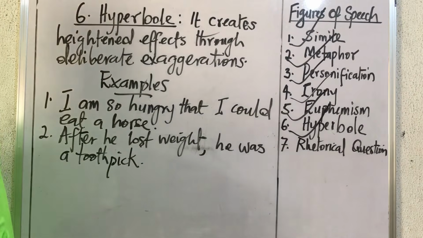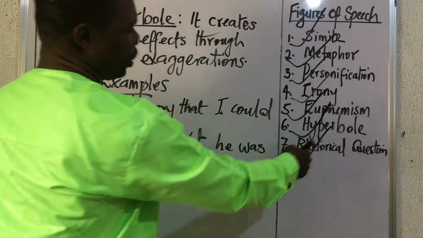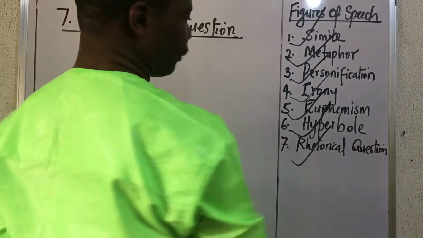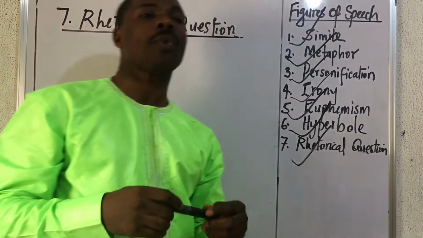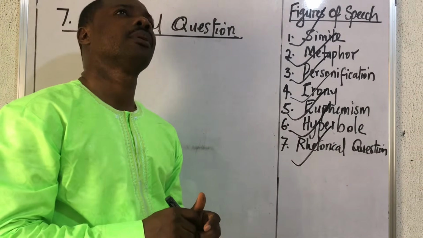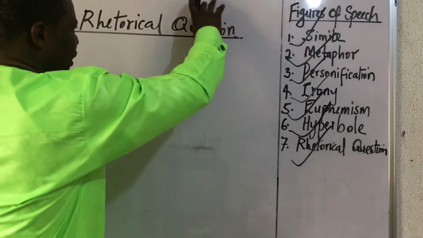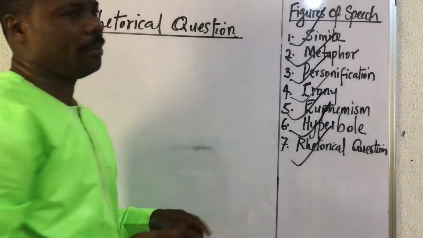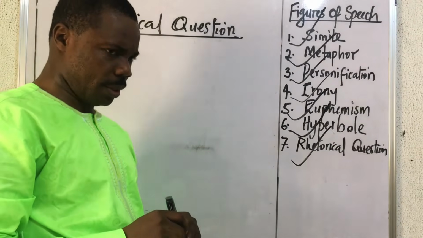So let's go over to the remaining one, which is rhetorical questions. A rhetorical question is a figure of speech as well. Like you can see, it is a question. We normally find a question mark at the end of the words.